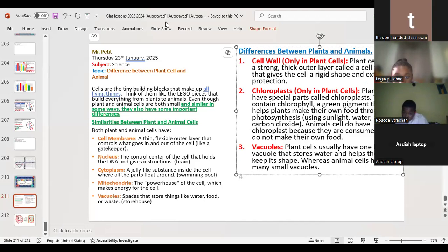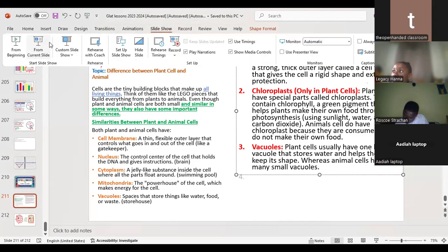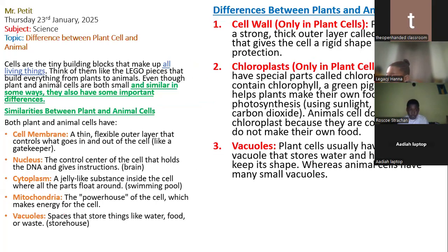It's right there on the screen. Do plant cells have cell wall? Yes, sir. Do animal cells have cell wall? No, sir. So that's one difference. Do plant cells have a chloroplast? Yes, sir. Do animal cells have chloroplast? No, sir. That's another difference.